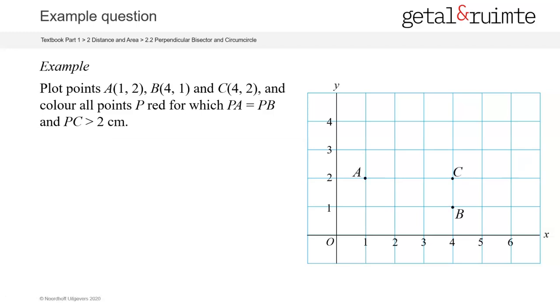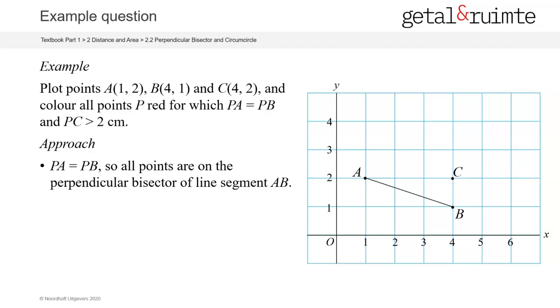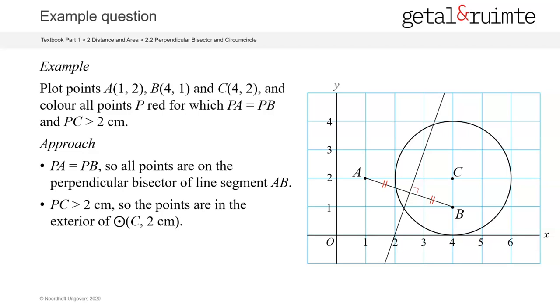So the approach is first plot the points, then get to the approach. Well, PA equals PB, that means you have to draw a perpendicular bisector through A and B, line segment AB, and then PC greater than 2 means you have to draw a circle with center C and radius 2.